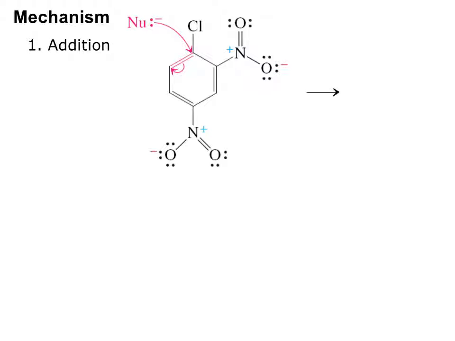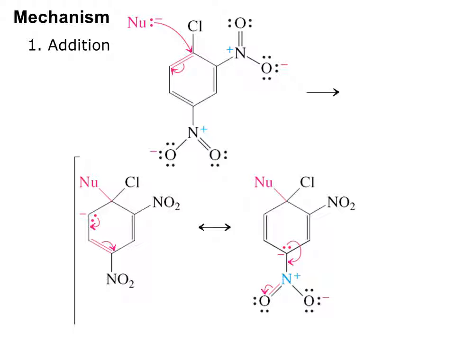So in order to do this, our addition is going to be very similar to what we saw with our benzene substitution reactions. Our nucleophile will add to the position with the chlorine. Electrons will be pushed out onto the ring, and I don't have all the resonance structures included here, but you can move the resonance around completely to the other nitro group, and it's advantageous. Why we need those nitro groups is because we can include the resonance out through them.